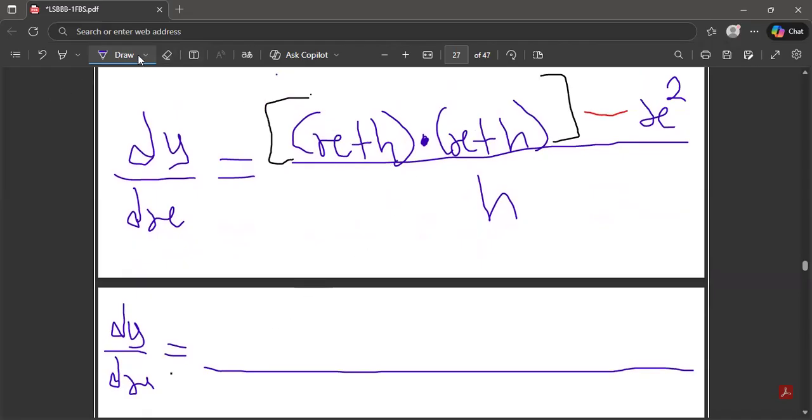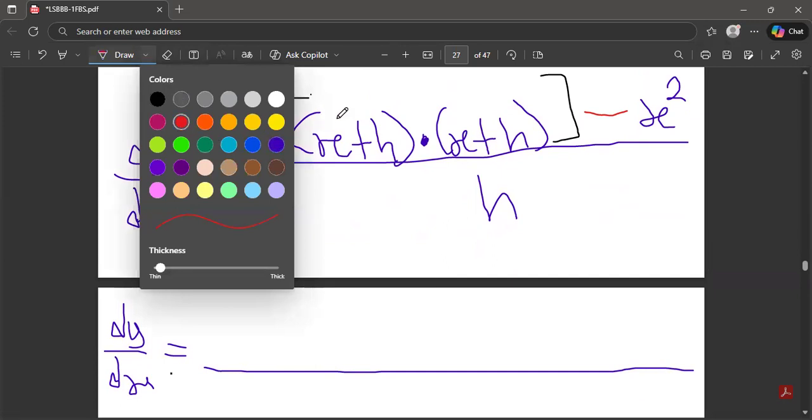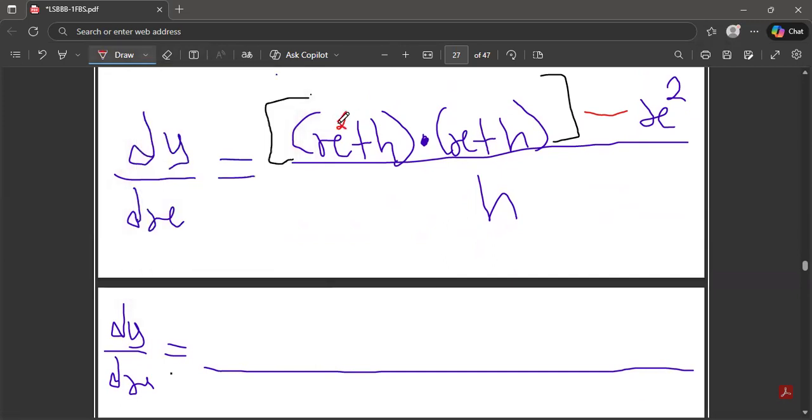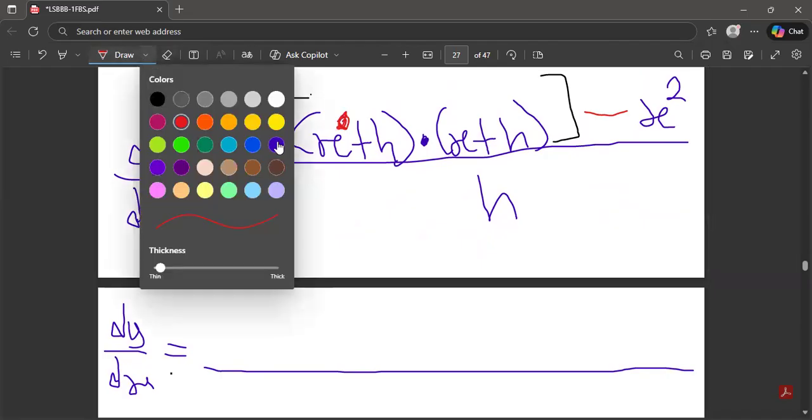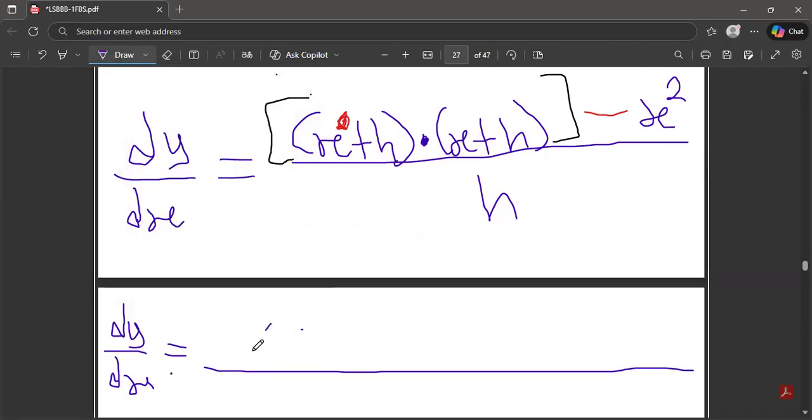So I choose to repeat this one twice, and that is going to become x plus h, I close bracket and also I repeat it again, x plus h.